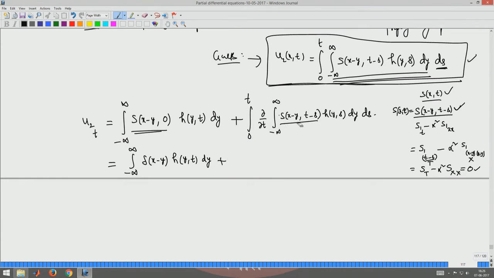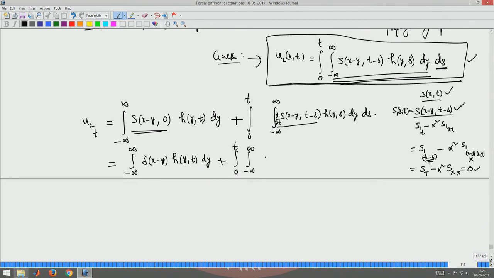So, you can actually take this derivative inside and write dou t here. If you do this, because it satisfies the heat equation, you can see 0 to t, minus infinity to infinity.